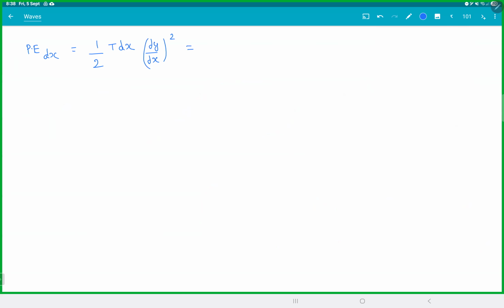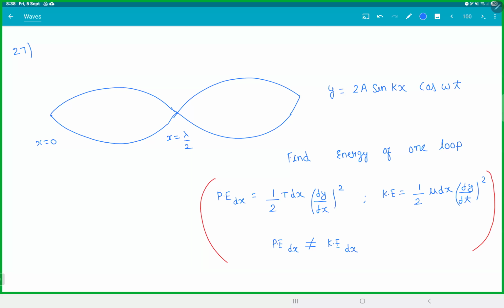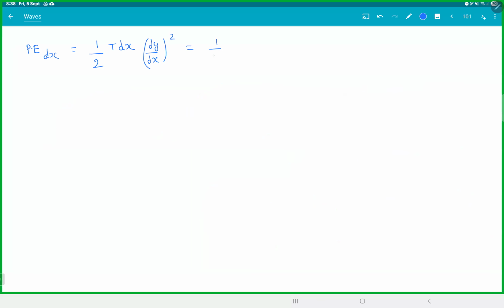When I differentiate with respect to x, that sine kx, k will come out. And what is tension? V wave is nothing but root over T by mu. So T is equal to mu V square. And we also know V wave is equal to omega by k.